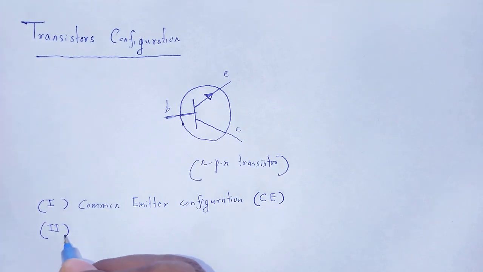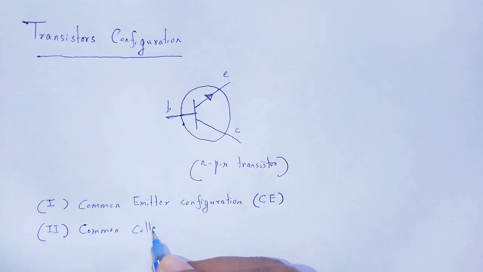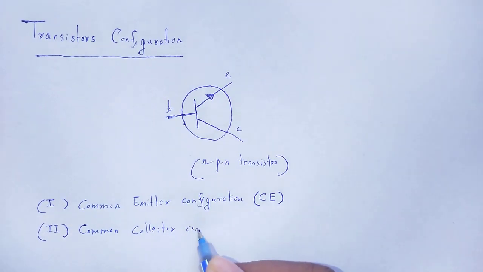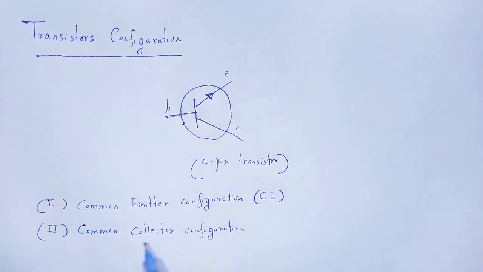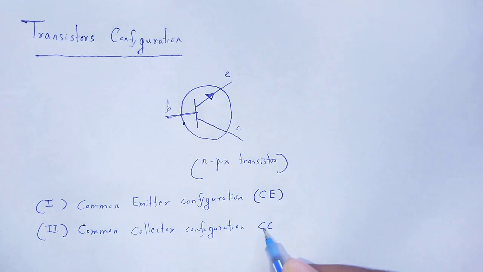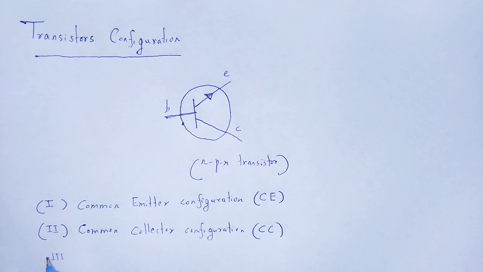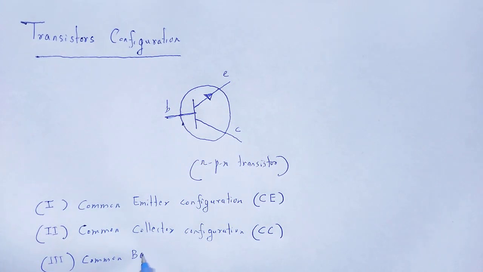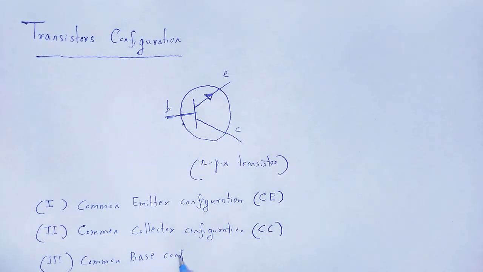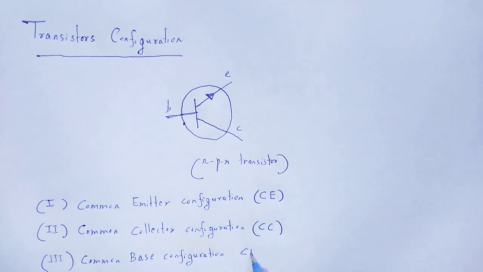Next, common collector configuration, collector as common, CC. Next, taking base as common, that type of configuration is known as common base configuration, CB.